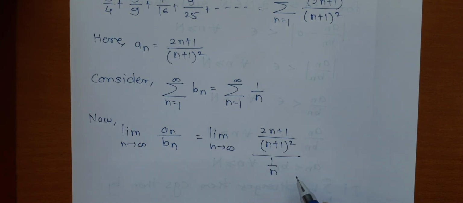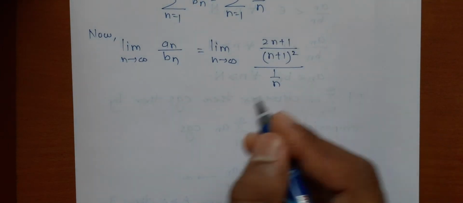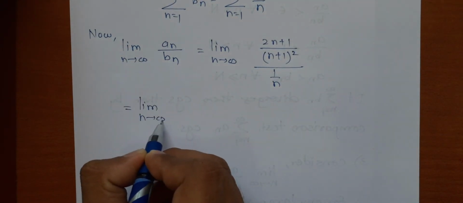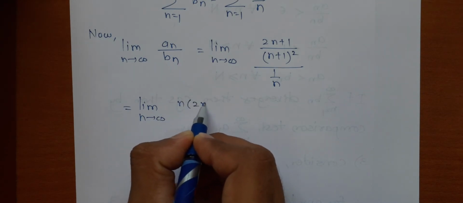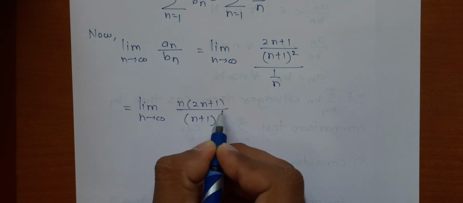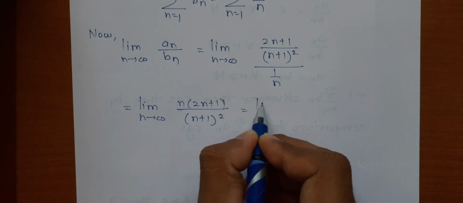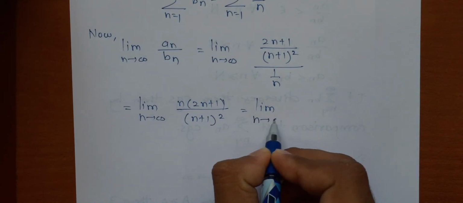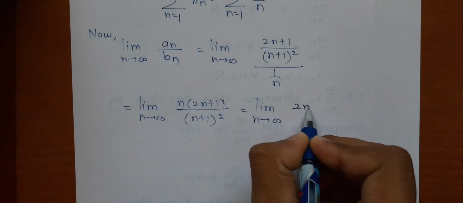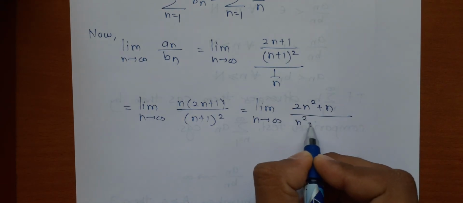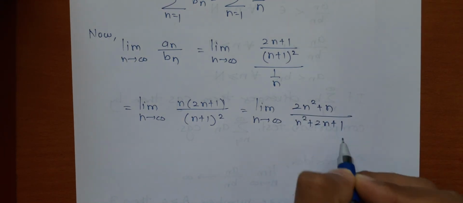This n is in the denominator of the denominator, so it shifts to the numerator. So I write the limit of n(2n plus 1) upon (n plus 1) whole square, which is the limit of (2n square plus n) divided by n square plus 2n plus 1, expanding the bracket.